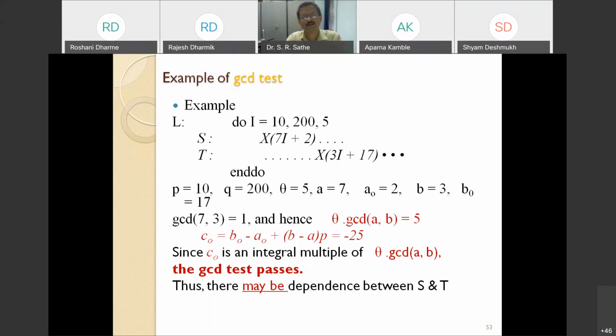Why? Can anybody tell? If the GCD test succeeds, that is, the left hand side GCD of A, B divides the right hand side, then we say there may be dependence. So why there may not be dependence?